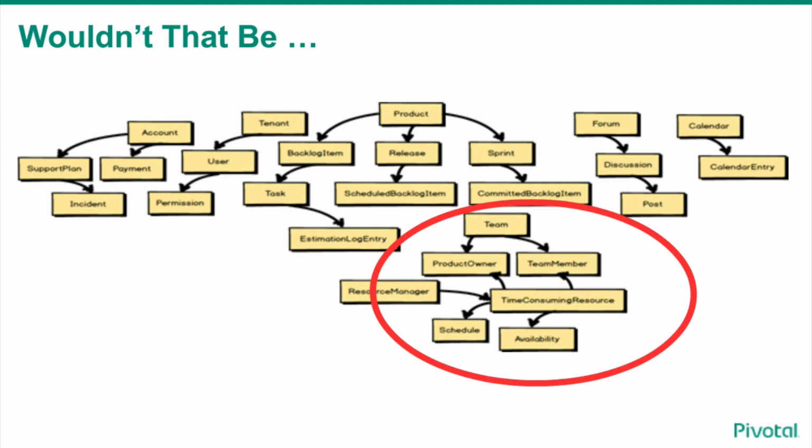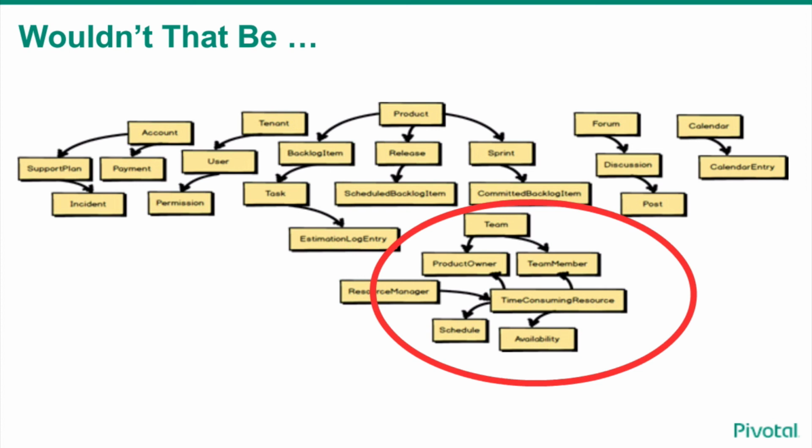We have the idea of a team that is practicing within Scrum. We have product owner and team members within a team, but how are we going to allocate available time for each of the members of the team?